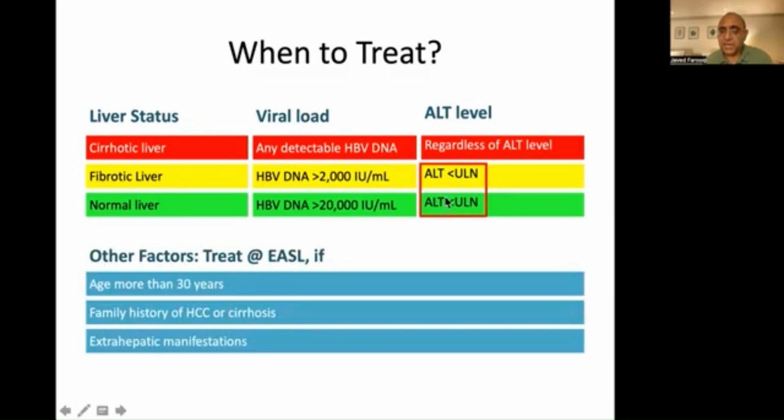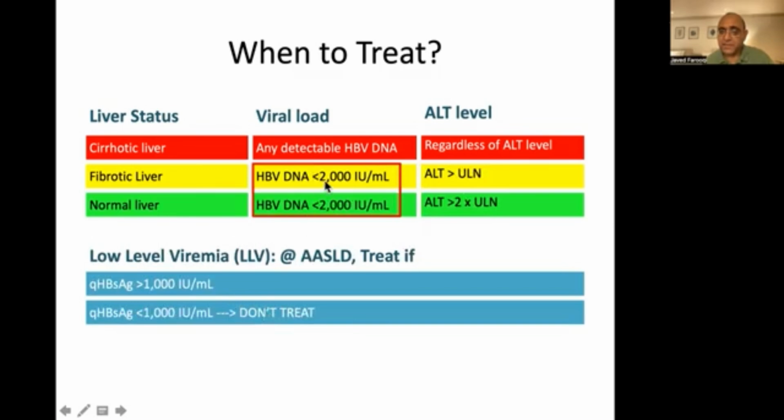And the extended criteria is when the DNA fulfills the criteria, but the ALT is normal. In that case, according to the EASL guidelines, if the patient age is more than 30 years, if there is family history of HCC or cirrhosis, or if there are extrahepatic manifestations, then such patient needs to be started on antiviral treatment.